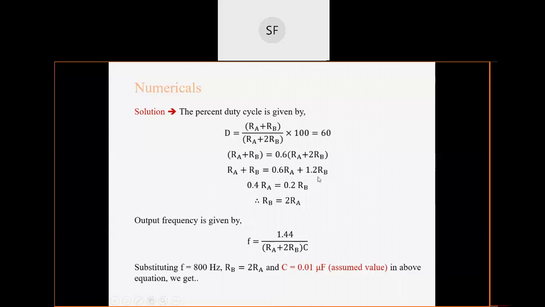Similarly, here it is 1.2 RB and here it is RB. I am taking this RB to the other side, so this term will become minus. So 1.2 minus 1 RB will be 0.2 RB. So what is the relation I got using this expression? I got the relation between RB and RA as RB is twice RA. This relation is very important.